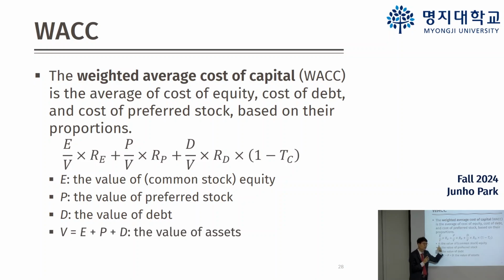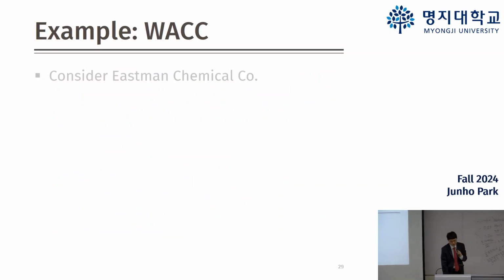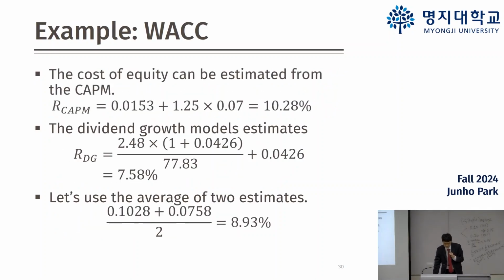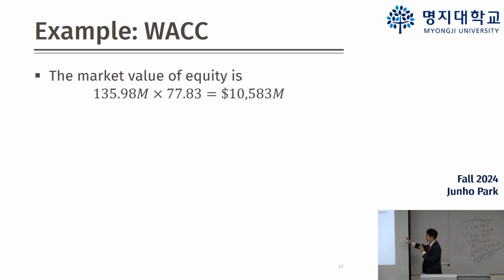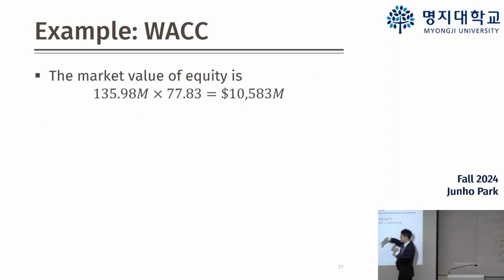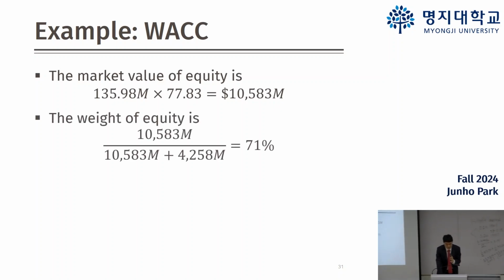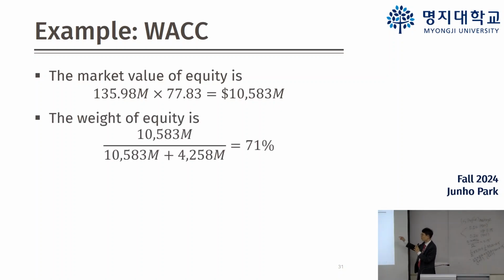And we generally say that the market value is superior to the book value. It is more important to rely on the market value. So in this example, we first calculate the value of equity. The market value can be calculated based on the stock price. So we get this number and we can get the weight for each one.